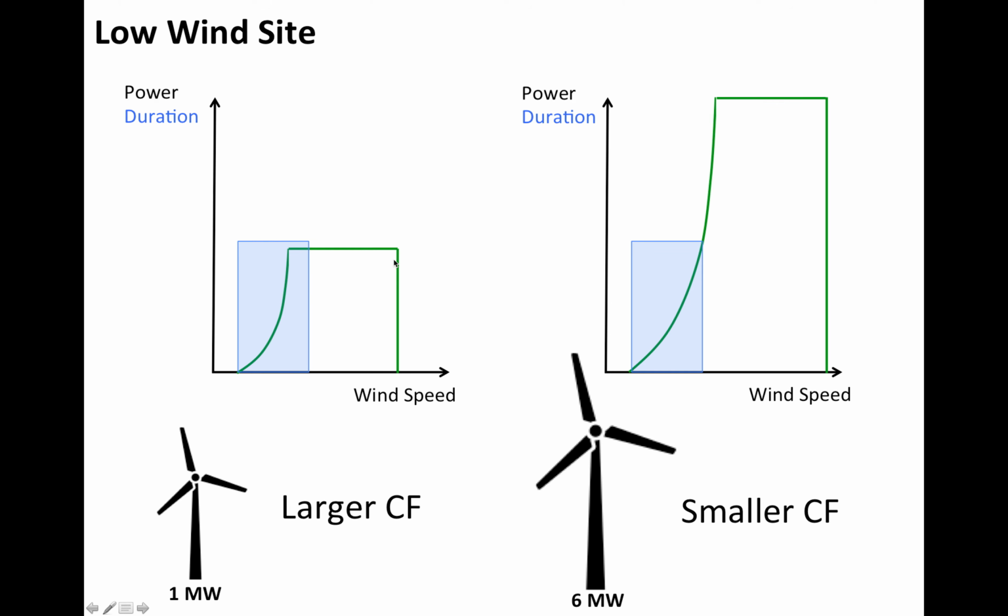In this case, the capacity factor for the large wind turbine is much smaller than that for the small wind turbine, and a huge amount of the capacity of the large wind turbine is just wasted at this site. In this kind of situation, we would actually prefer the small wind turbine.